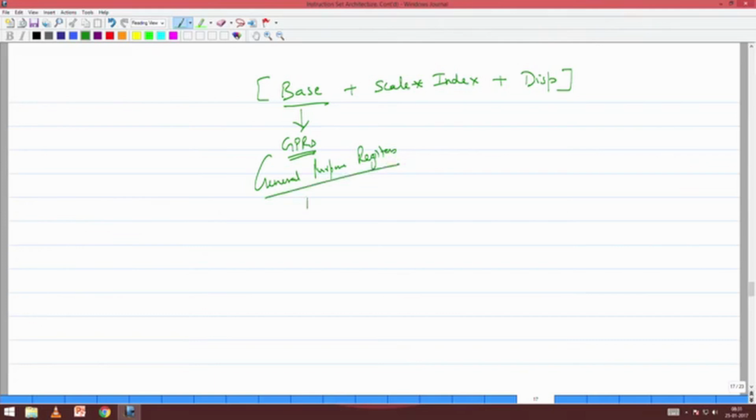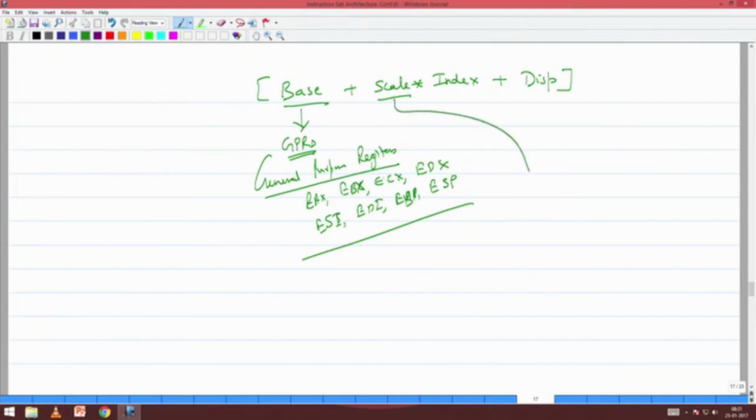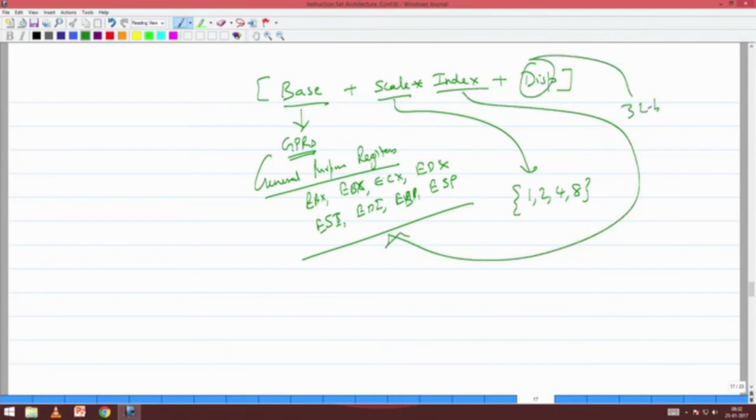I could have EAX, EBX, ECX, EDX, ESI, EDI, EBP and ESP. All these things I could have. Then the scale is 1, 2, 4, 8. Index again can be any of these registers and displacement can be any 32-bit displacement.